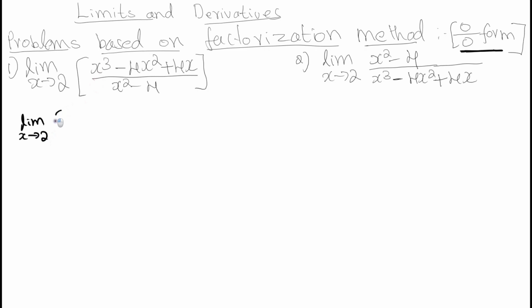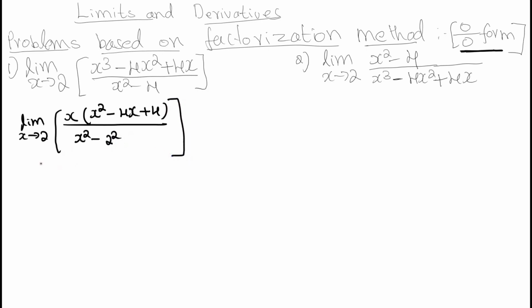In the numerator, I will take x outside. So remaining x square minus 4x plus 4, divided by, here x square minus 4 can be written as x square minus 2 square.